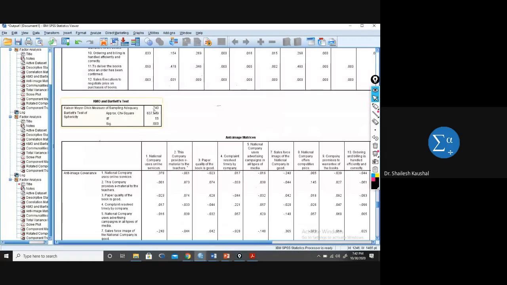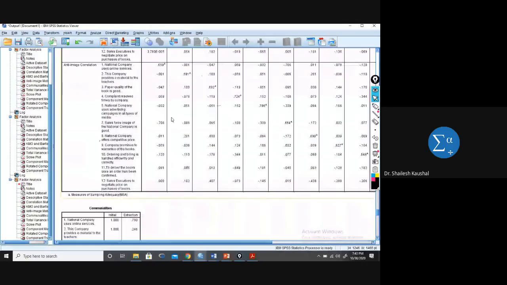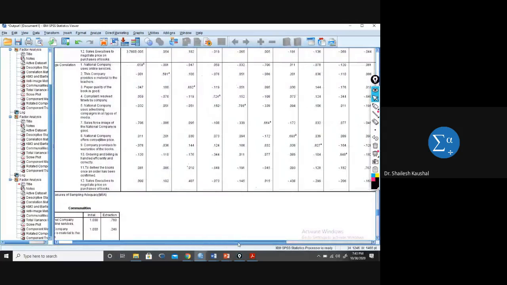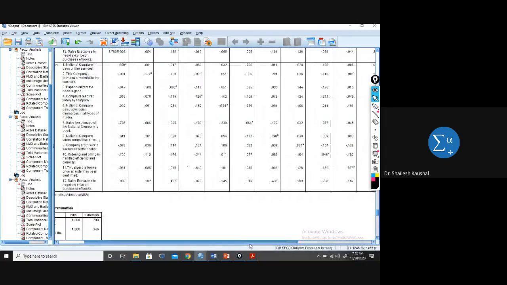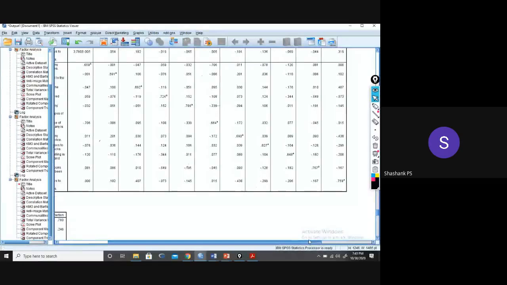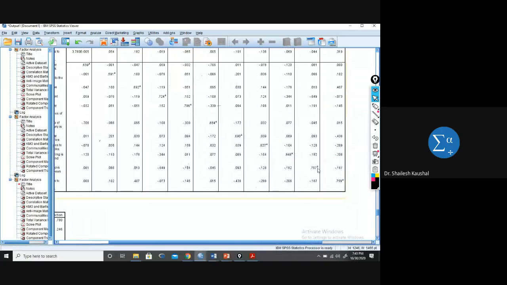So there is no problem. Then again, after conducting this, we are checking the measures of sampling adequacy, greater than 0.5. So there is no issue here. We can see all the values are greater than 0.5.